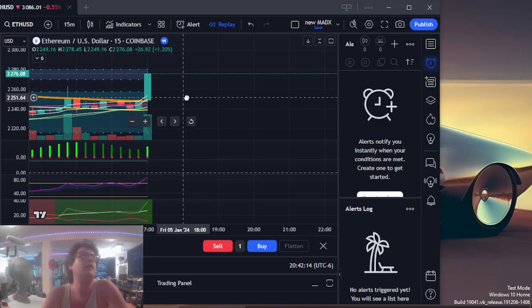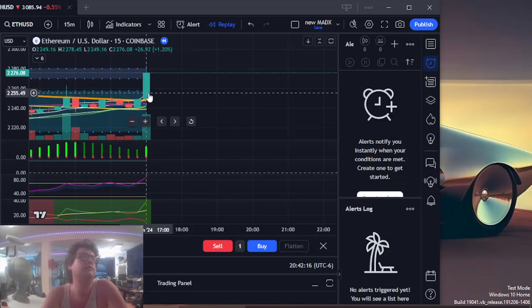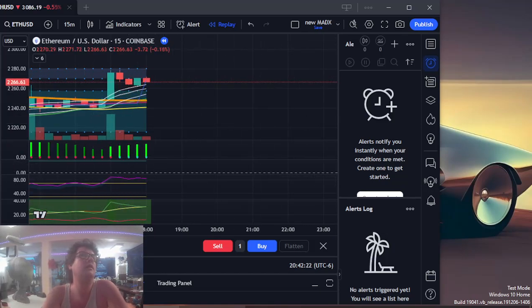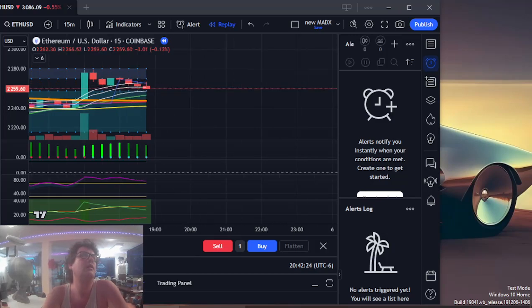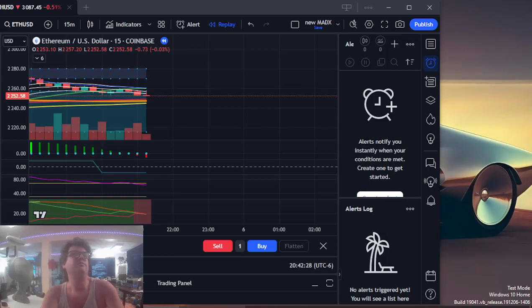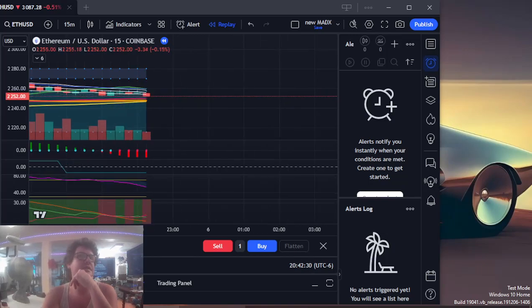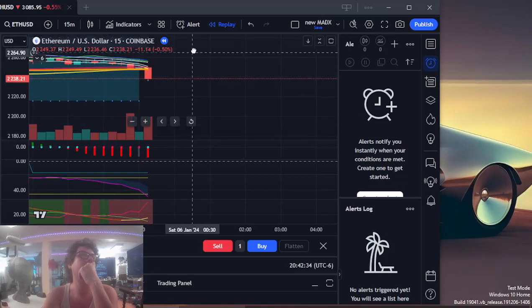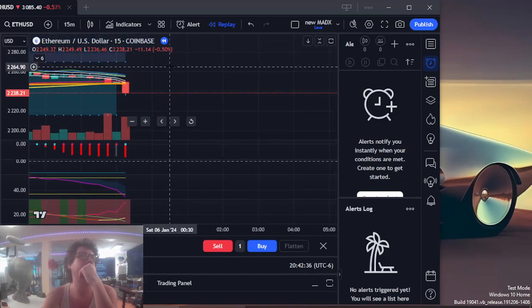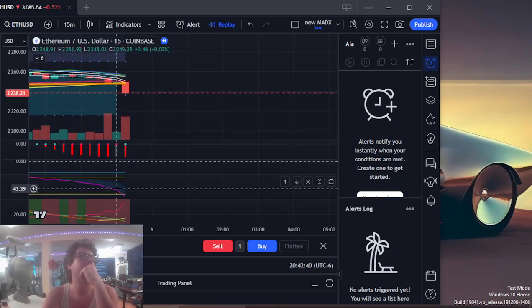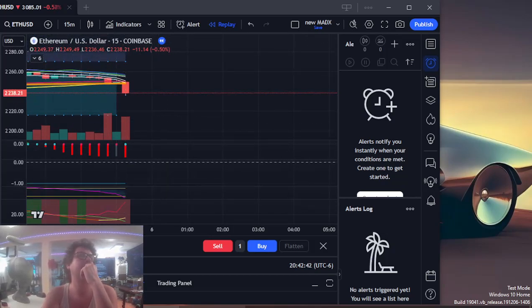Ranging. Has 3 criteria. This is how it goes sometimes. I wonder why the demand went away. The zone went away. 1, 2, 3.